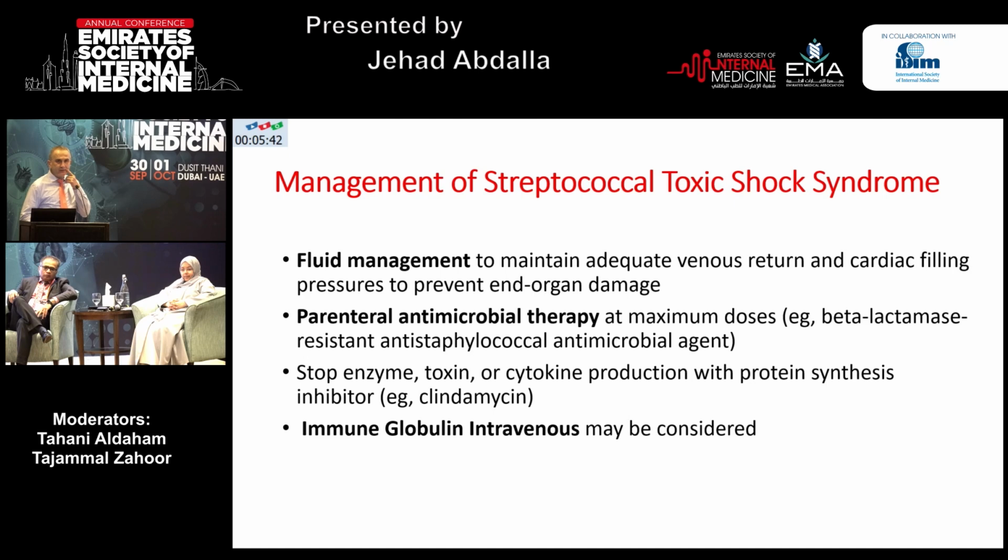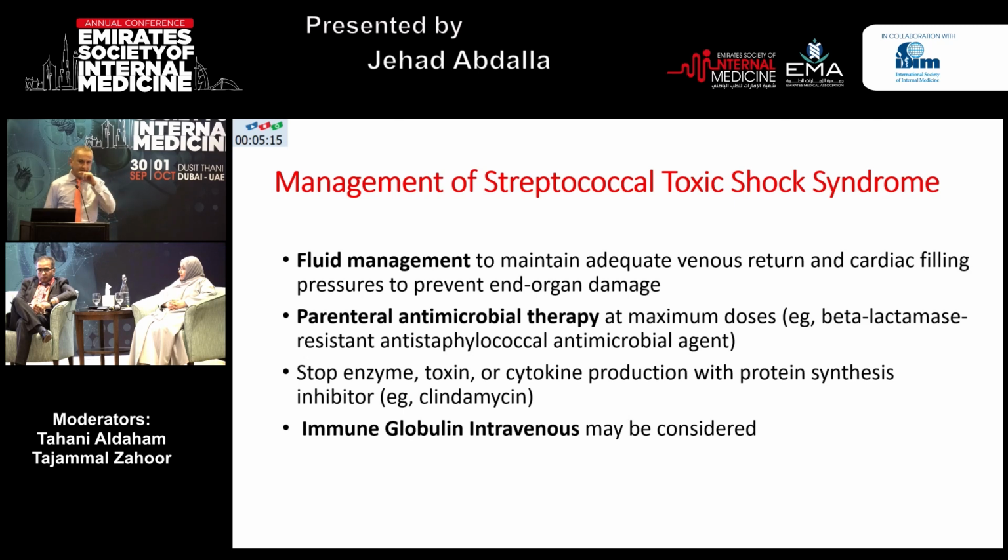So how do you manage it? Fluids, antibiotics, but pay attention here. We need something to stop the enzyme production, stop the toxin, the cytokines, and we pick clindamycin with high dose. With the other coverage, we have to cover for Staph aureus and group A strep. So it's normal to give vancomycin plus a high dose of clindamycin, 900 Q8.